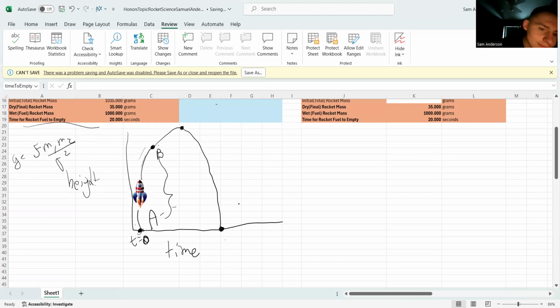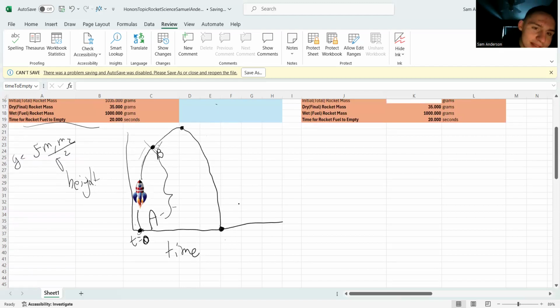At point B, the rocket has lost all its fuel, and it's starting to just coast and be affected by gravity only. So from points A to B, gravity plus the rocket acceleration will be the overall acceleration, and the rocket should go up, right? So we want positive acceleration.